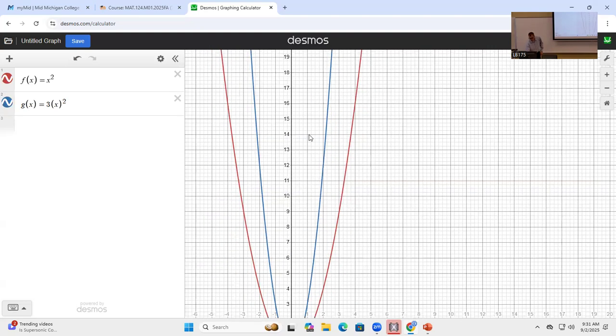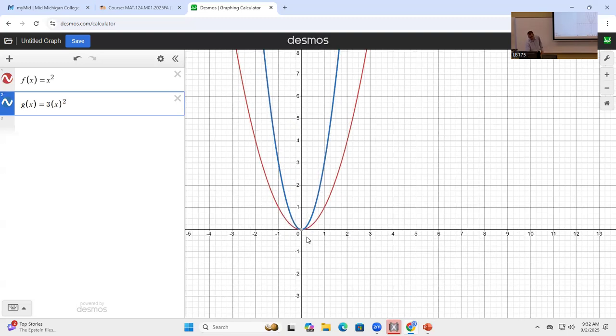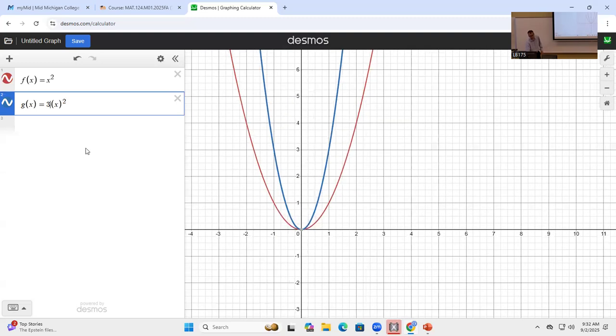And what was (1, 1) now goes through (1, 3). Now, that's going to produce a vertical stretch. All of the y values are going to get stretched out as long as that a value is above 1.